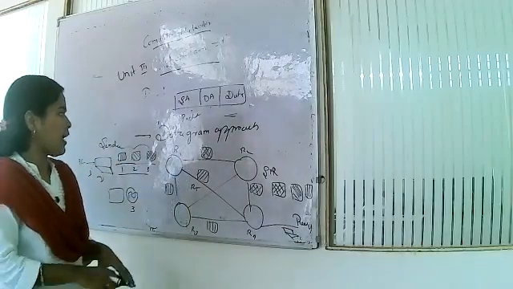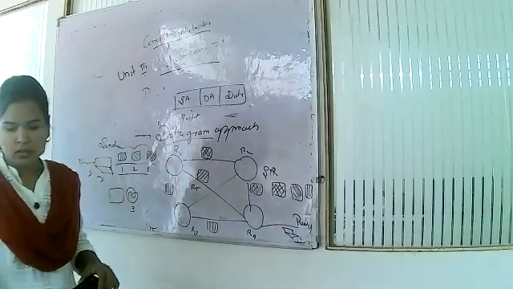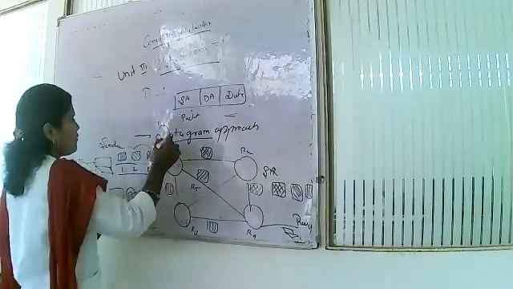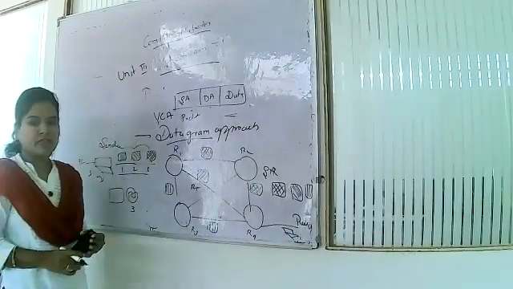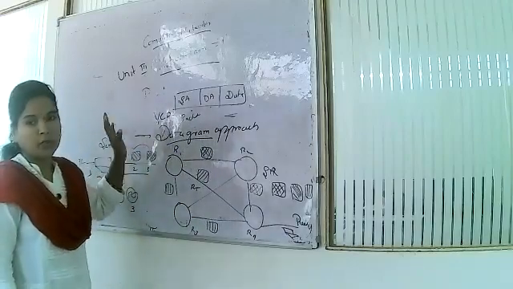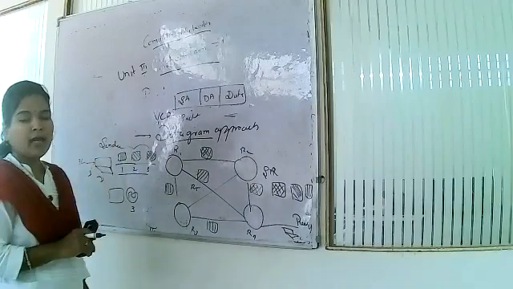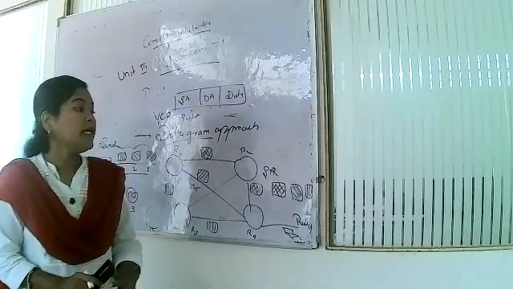In connectionless we have two approaches: the datagram approach and the virtual circuit approach. The virtual circuit approach in packet switching I will explain in the next lecture. So what is the difference between circuit and packet switching? In both switching types, we send data from one place to another through packets only.